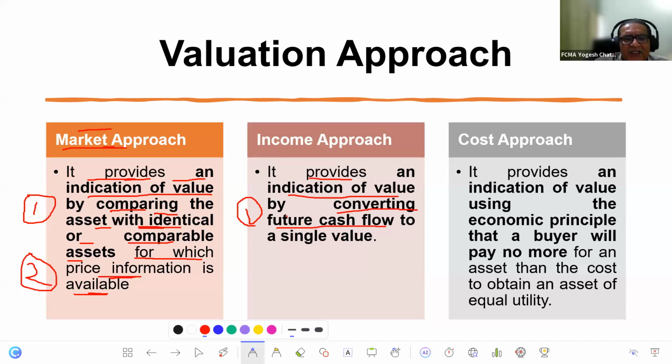And once we estimate the future cash flows, we convert those cash flows to a single value. That is the subsequent process. Number one, estimation of the future cash flows. Number two, conversion of those future cash flows to their present value. So that is the income approach.